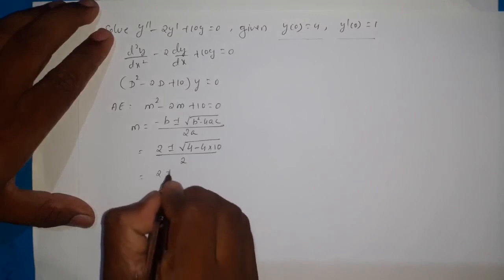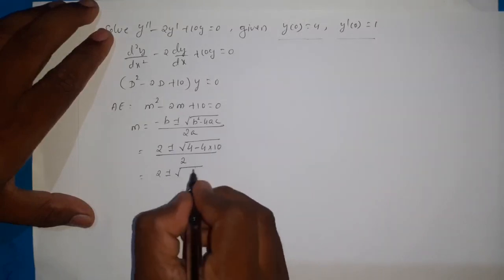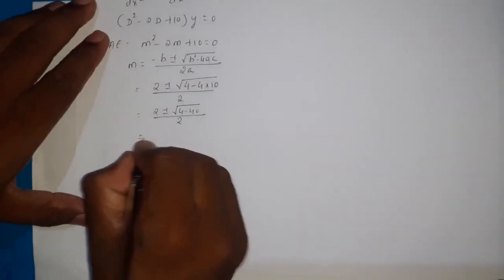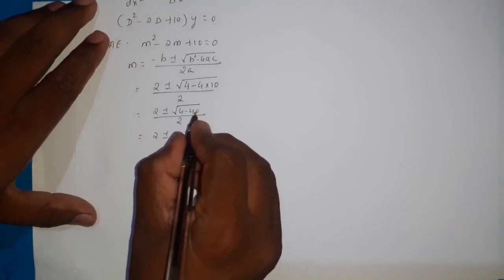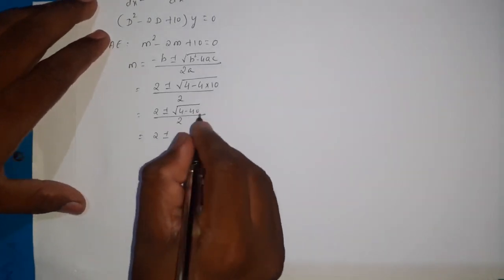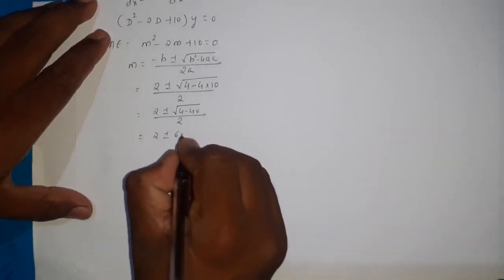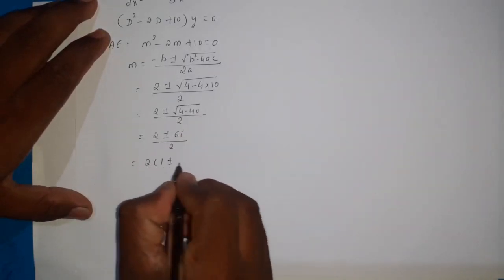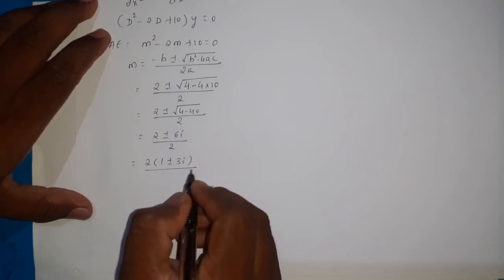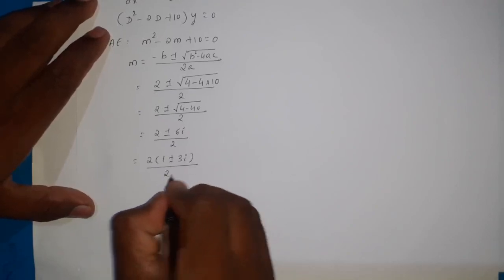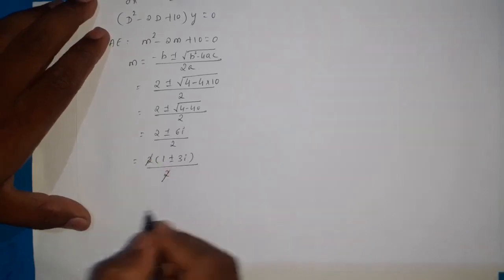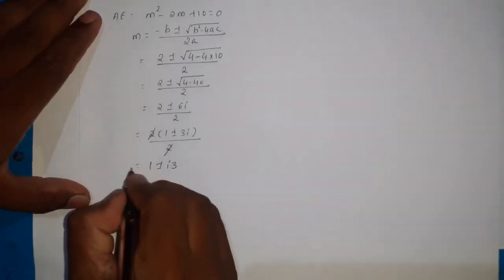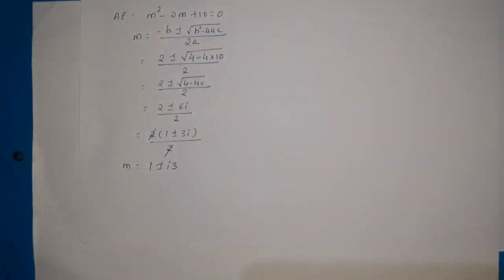Then it is 2 plus or minus square root of 4 minus 40 divided by 2. This is equal to 2 plus or minus square root of minus 36. Then square root of minus 36 is 6i divided by 2. Then by taking 2 common in the numerator, that becomes 2 into 1 plus or minus 3i divided by 2. The 2 gets cancelled. Then it is 1 plus or minus 3i. That is the value of m.